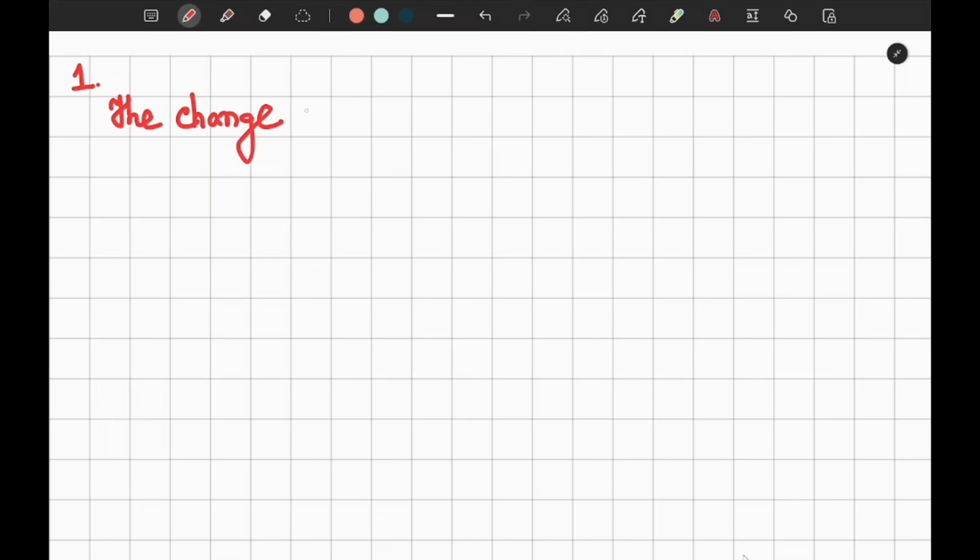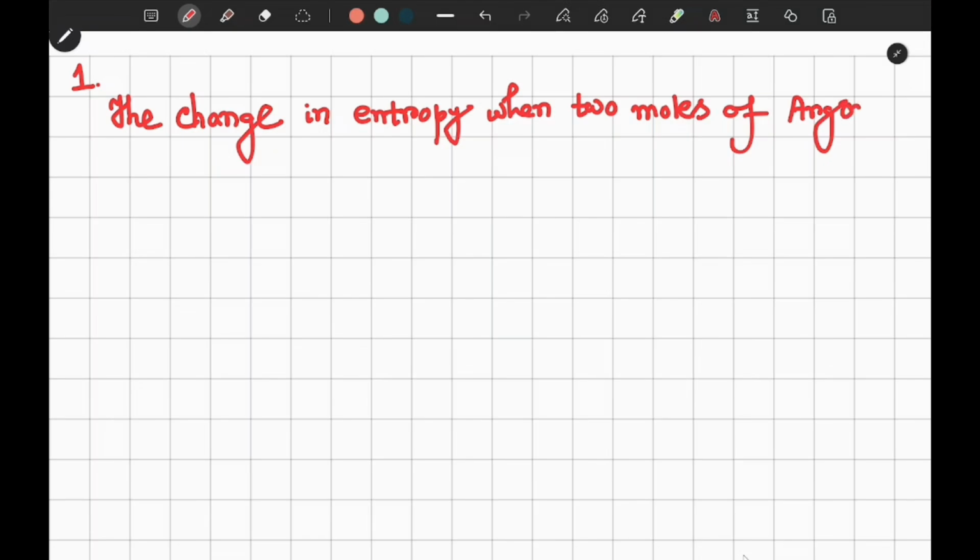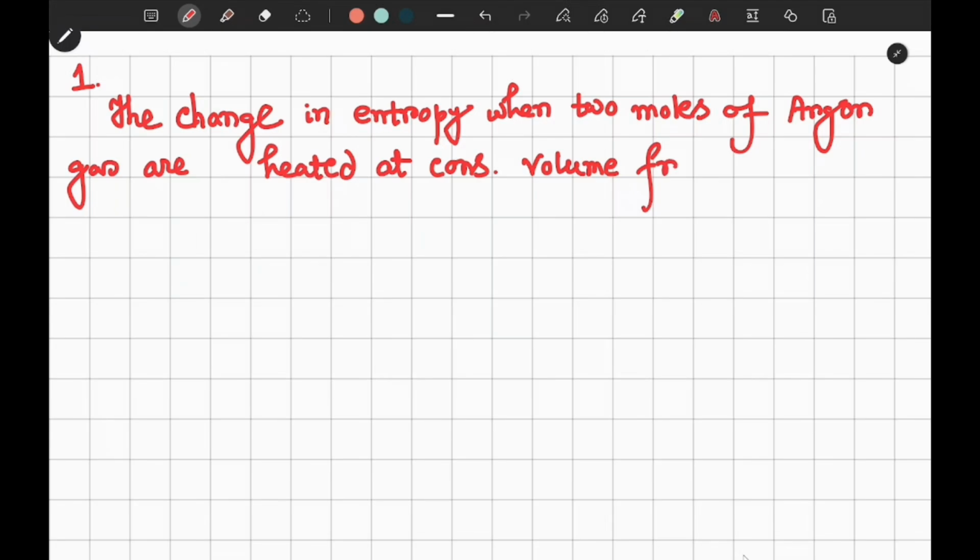So the change in entropy when 2 moles of argon gas are heated at constant volume from 300 Kelvin to 500 Kelvin.